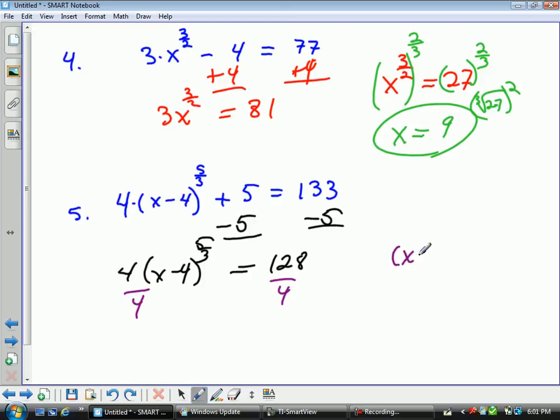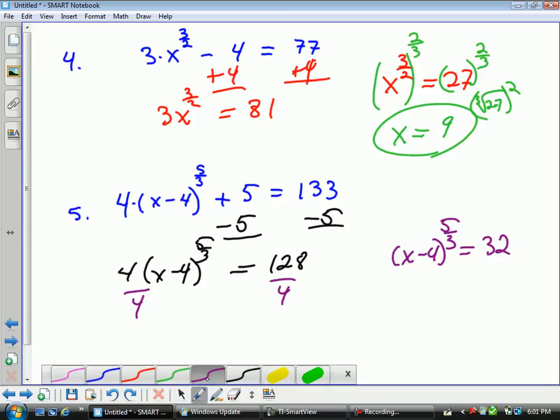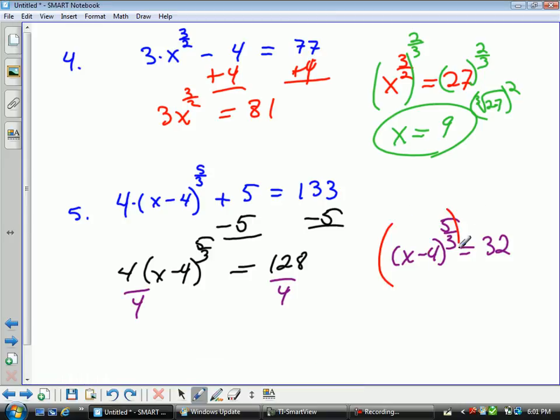So we get x minus 4 to the 5/3 power is equal to 32. Now raise both sides to the reciprocal power, 3/5 power. I get x minus 4 is equal to, use your calculator, you end up getting 8 as a value. Then add 4 to both sides now, and get 12.